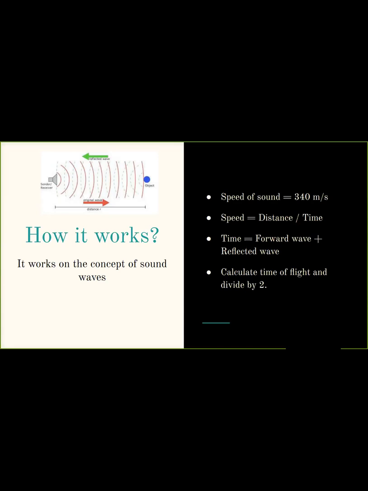Speed is equal to distance by time. Now, what are the units of speed? Meters per second. So distance is measured in meters, and time is measured in seconds. Right. Now, can you do a simple conversion for me?